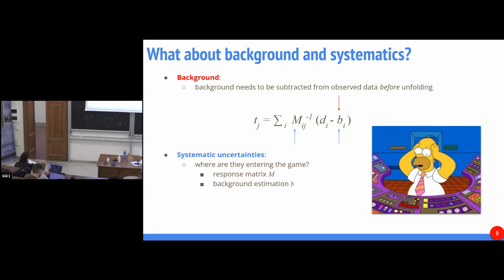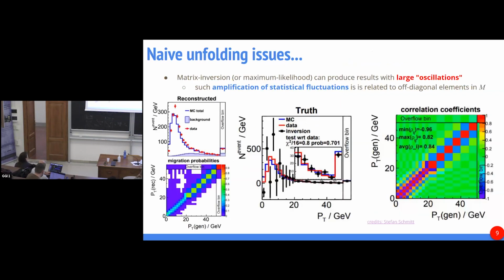So actually, in the matrix itself, not in the inversion of the matrix, and of course in the background subtraction. Okay, this is important, because then a systematic uncertainty is zero if it's not affecting your background and is not affecting your response matrix. Okay, good.